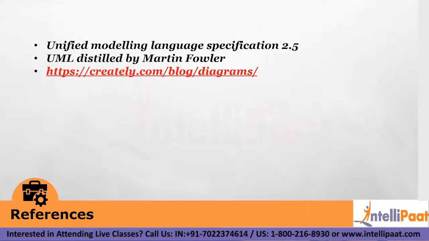Which arrows to use and in which context, which boxes to use and in which context, which circle is to be used in which context, that is something you will get if you go through these three documentation.